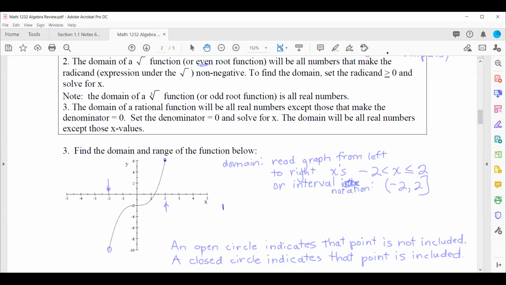As far as the range, the range of a graph is read from bottom to top. Let me add this to my picture.